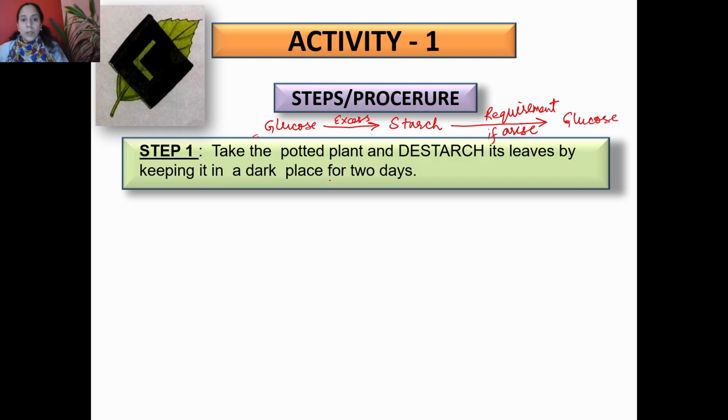So what we are doing, we are de-starching, converting starch back into glucose. When we take a potted plant and keep it in the dark area for 2 days, the plant is not able to do photosynthesis and make glucose. The plant will utilize its stored product, starch, and convert that into glucose. So this process is called de-starching. This is de-starching.